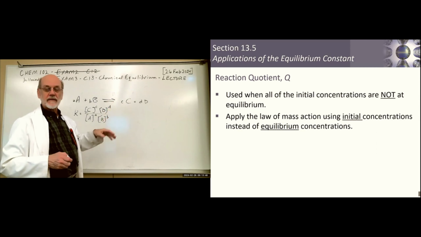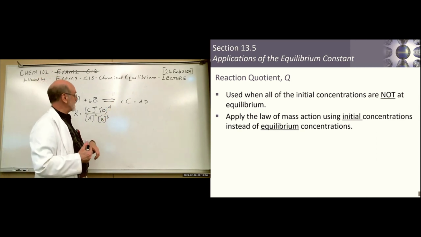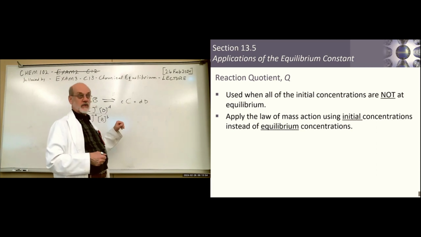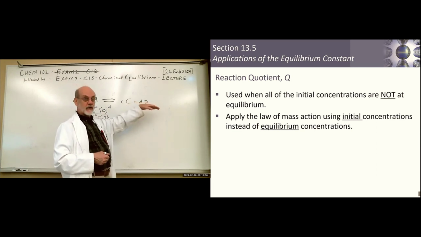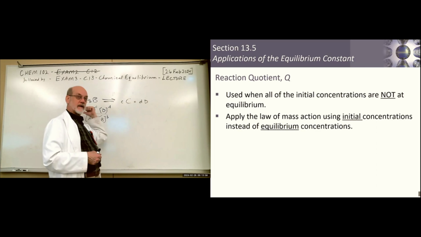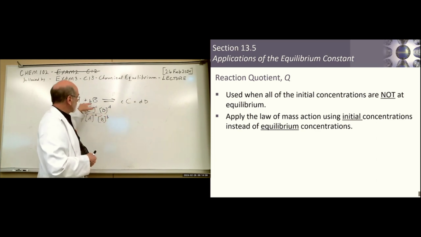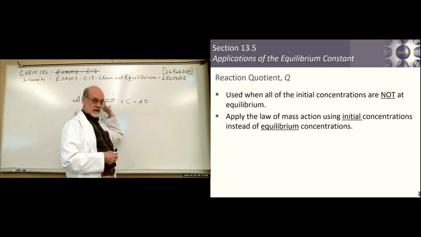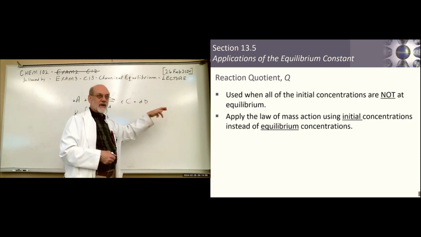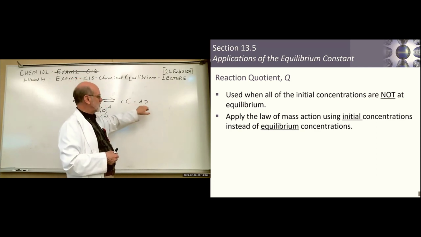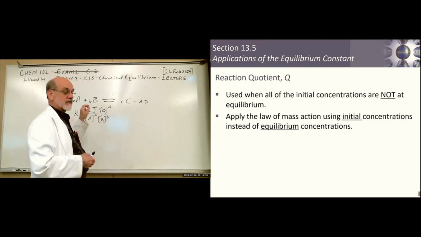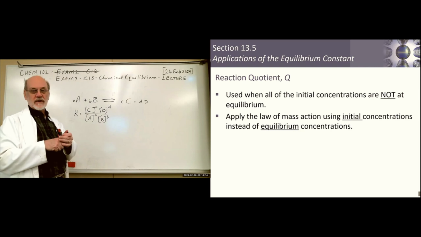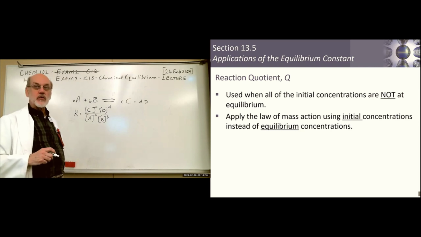Well, one way, the easy way, is if you're only given reactants and no products, you know which way it's going to move, that way. Or if you're given products, it's going to go this way. Or if you're given reactants and one of these is 0, it's got to go that way. But if you're given real values for each one of these as starting positions, how do you know? That's where the calculation of Q comes in.